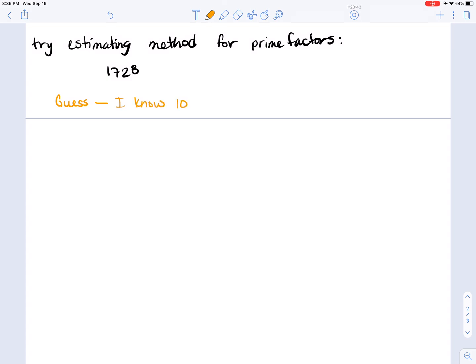Okay, my guess, I know that 10 cubed is 1,000. I also know that 20 cubed equals 8,000. Those two I know for sure. Now that means that 1,000 is less than 1728, and 1728 is less than 8,000.